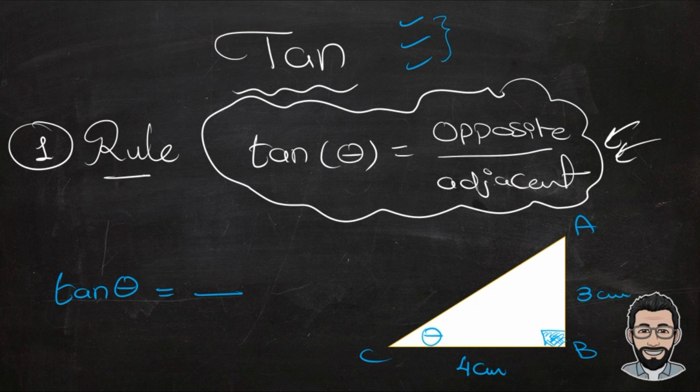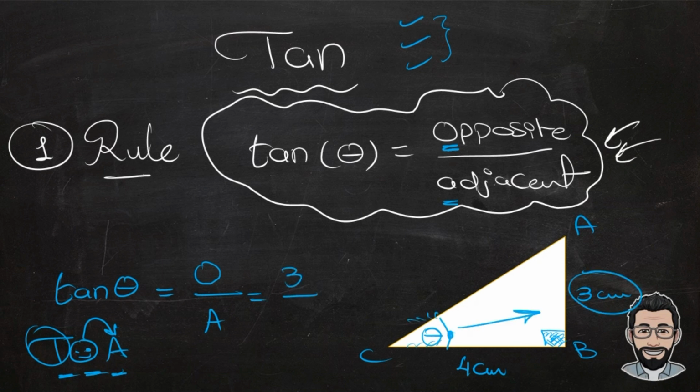Equals opposite, which is O, over A, adjacent. So you're going to say TOA, which means the tangent equals O over A, or opposite over adjacent. This is going to be the opposite side, so it's better to write here O and here A. Of course here H, which is hypotenuse.